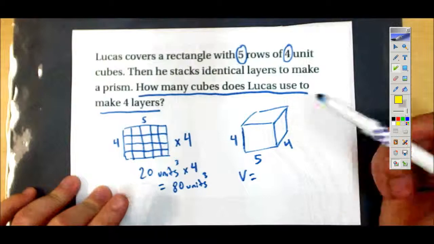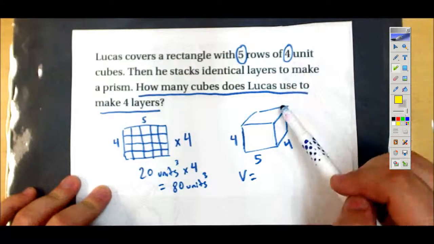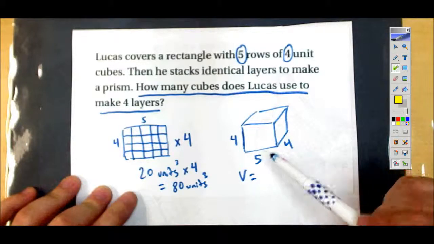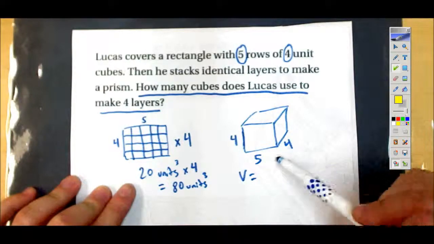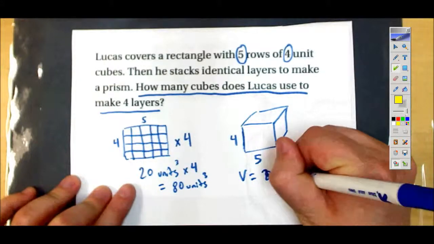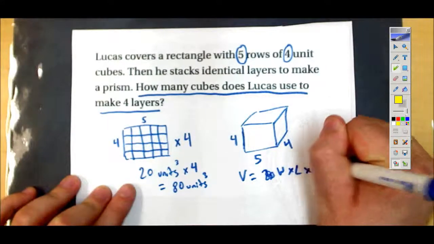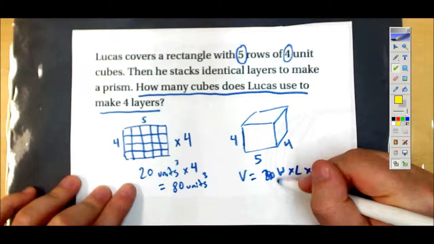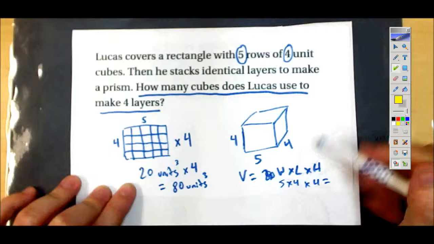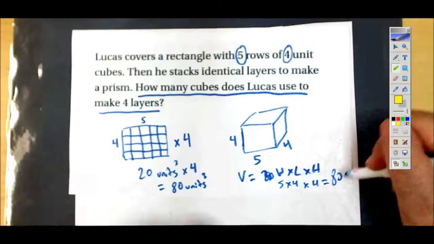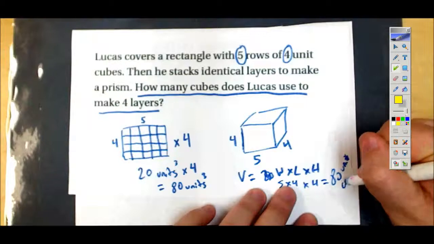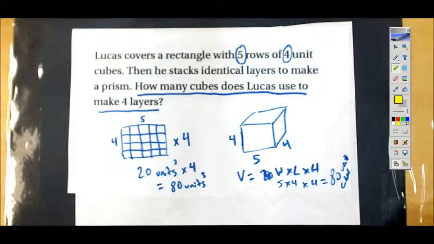Well, each cube is a unit cube. It's 1 by 1 by 1. So the volume is just going to be the number of cubes in here. Volume is width times length times height, and that is 5 times 4 times 4, and that's 20 times 4, and that's 80 unit cubes.